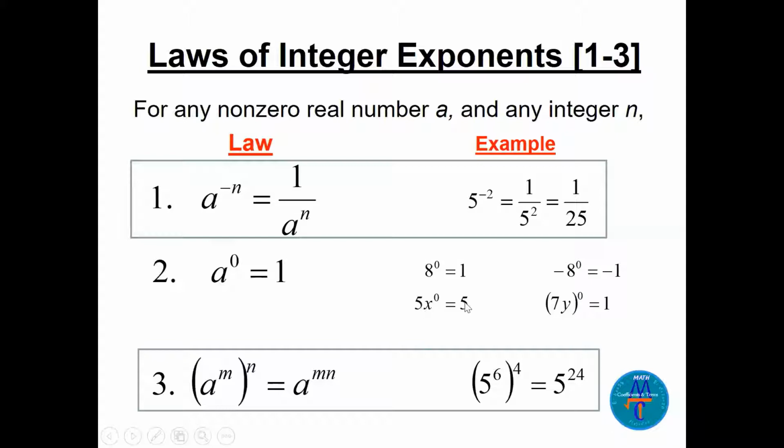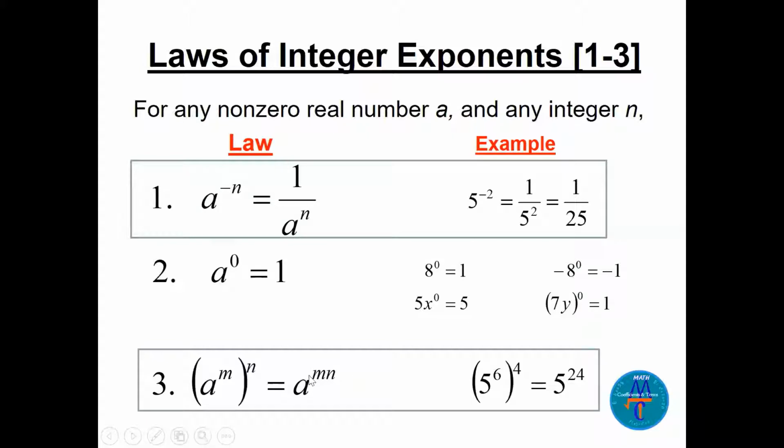Look here: 5x to the power 0, and (7y) to the power 0. Here we have a bracket, and here there is no bracket. So the power 0 is on the x, not on the 5. So 5 times 1 is 5. See, the power 0 here is on the 8, not on the minus 1. So this is minus 1 times 1, which is minus 1.